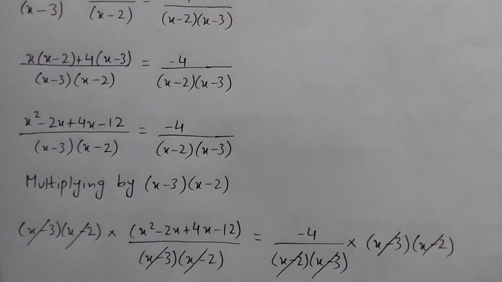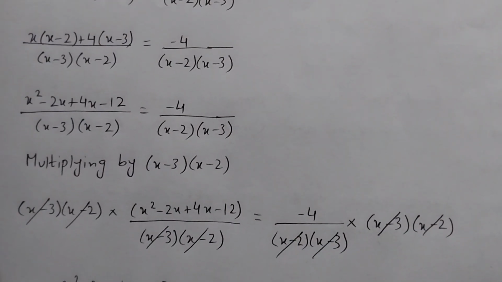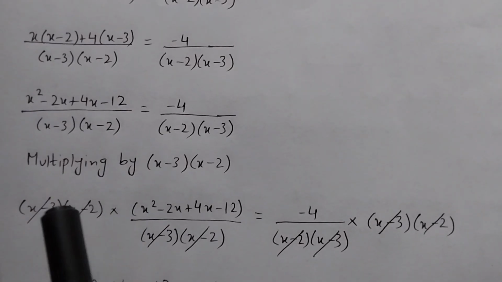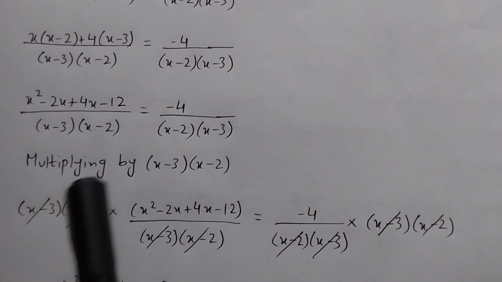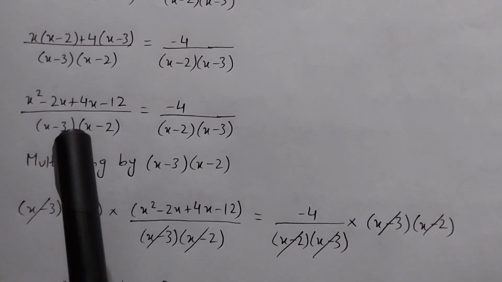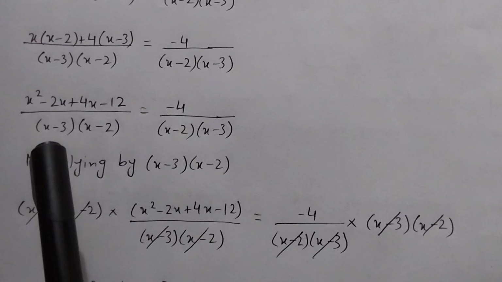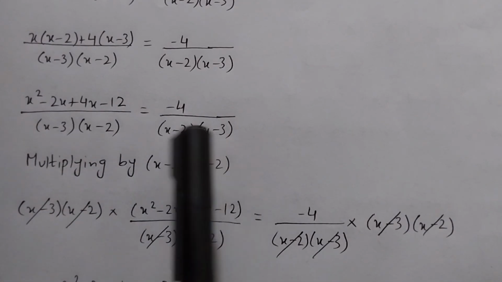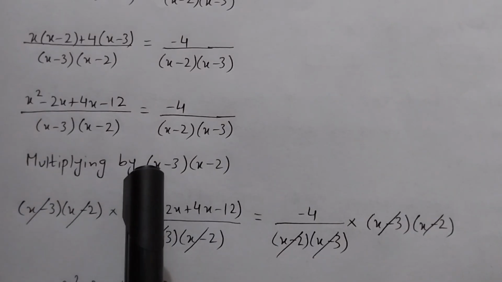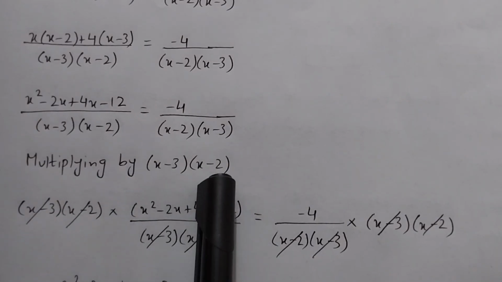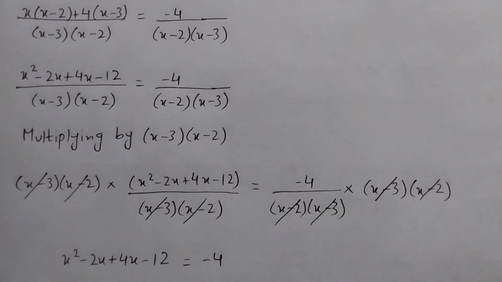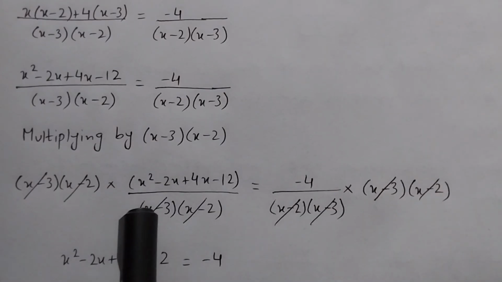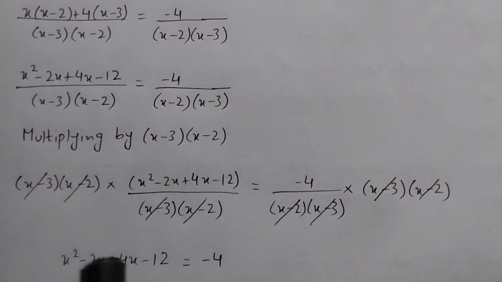So we are interested in finding the values of x because we want to find the roots, so that we can find their sum. To find the values of x, we can get rid of these denominators by multiplying both sides by x minus 3 times x minus 2, and when we do that, on the left hand side and on the right hand side the denominators get cancelled.